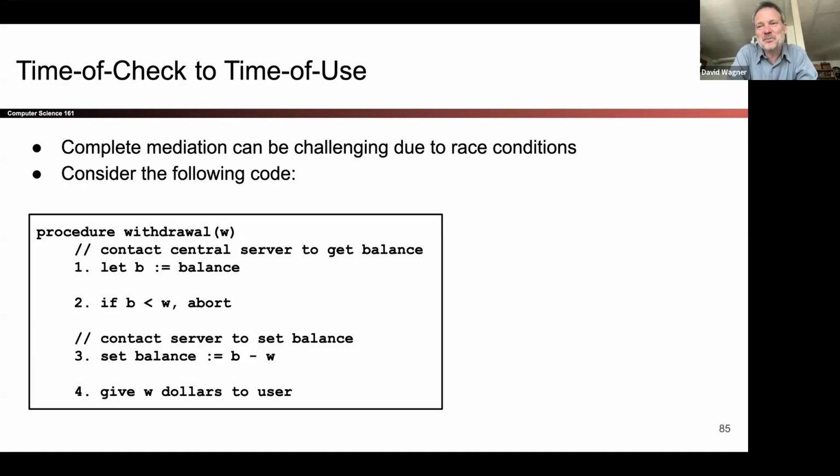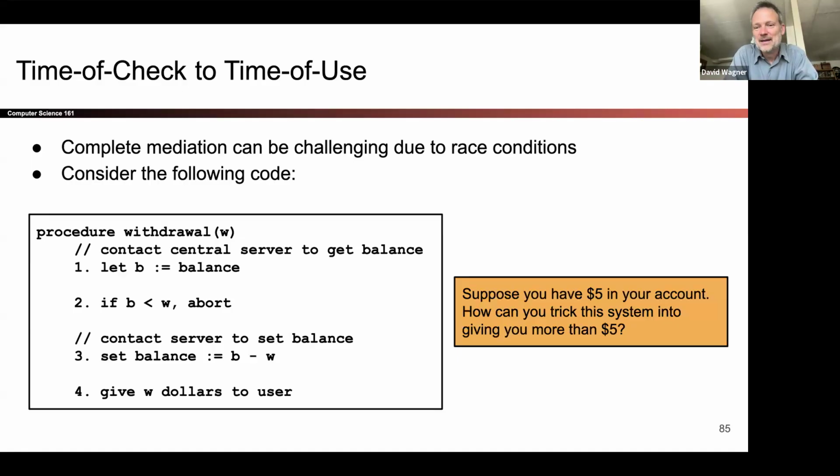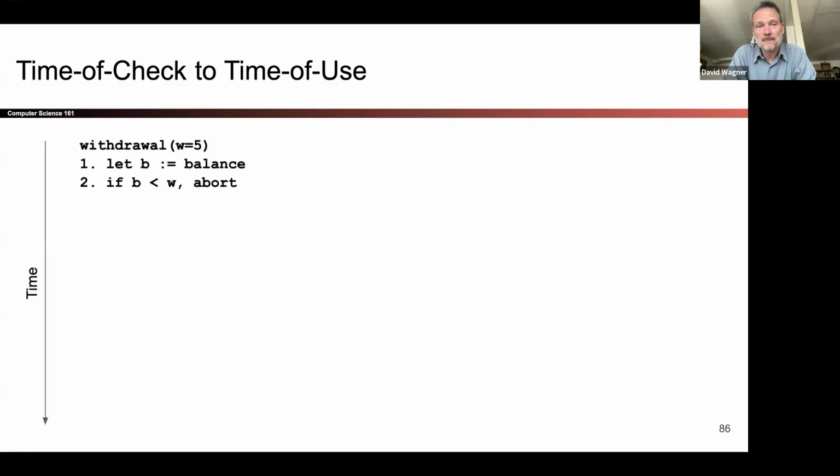You could have a copy of your ATM card and be using it in two ATMs: you are using it in one ATM and your friend is using it in another, and you synchronize the time and do it at almost exactly the same time. These accesses might be happening in parallel and they might get interleaved. What's happening at the two ATM machines, this step-by-step process, might get interleaved. And that can be used to trick the system into giving you more than you should receive.